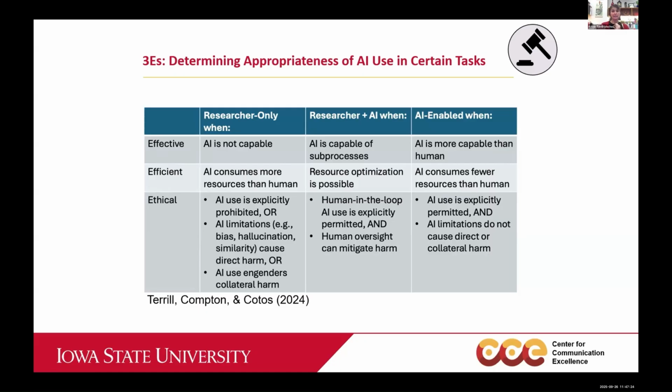AI enabled would be ethical only if it's explicitly permitted and the limitations don't cause direct or collateral harm. So these are some of our guidelines that we've started to use and apply when we're thinking about AI. We tried to design this tool to be very flexible to different scenarios, including the student scenario, the teaching assistant scenario, the researcher, and the scholar scenario.